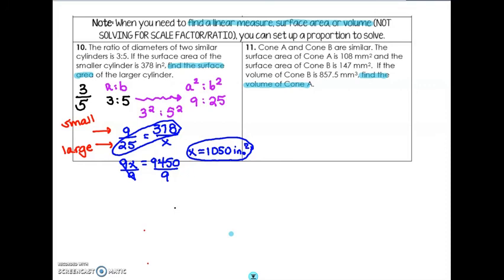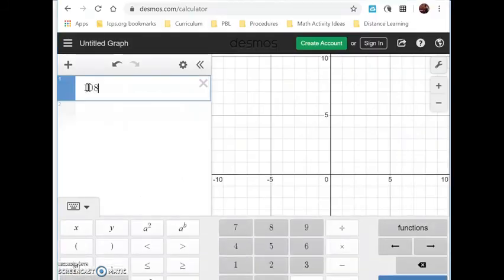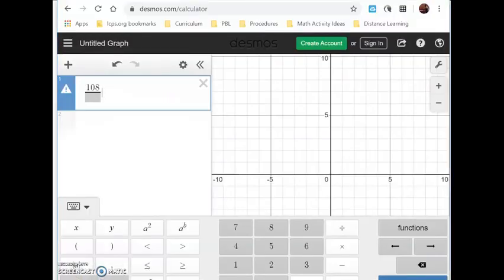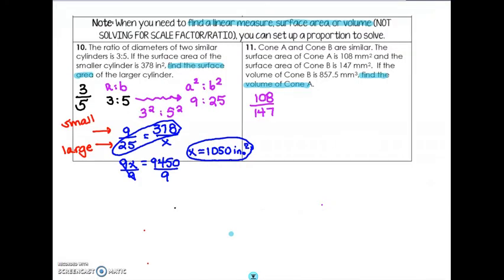Let's go ahead and set up our ratio. So I was given 108 to 147. I'm going to simplify that in Desmos to help me out because you always want to simplify your ratio first. So that was 108 over 147. I hit this little fraction button over here. That gets me 36 over 49.